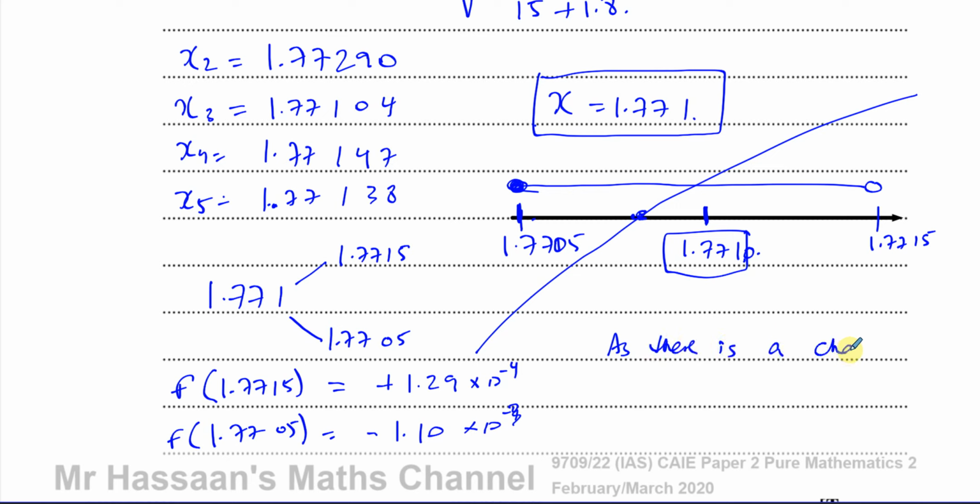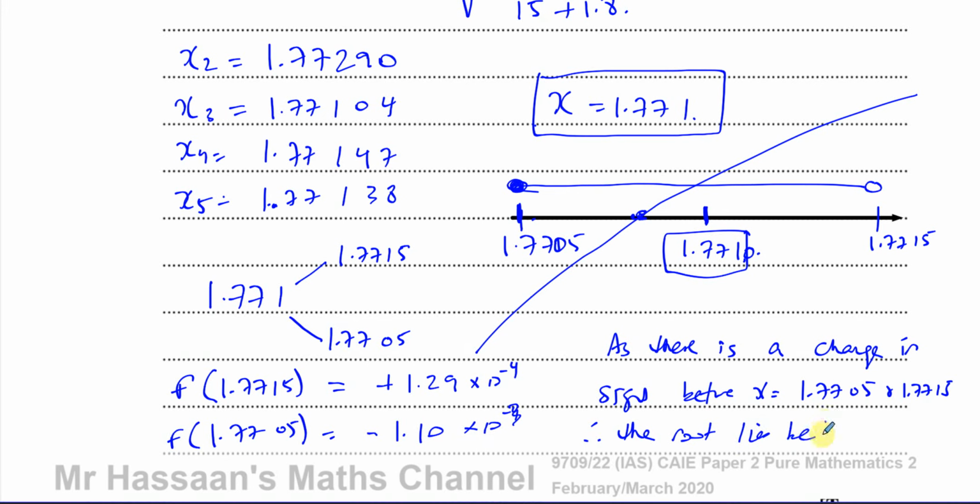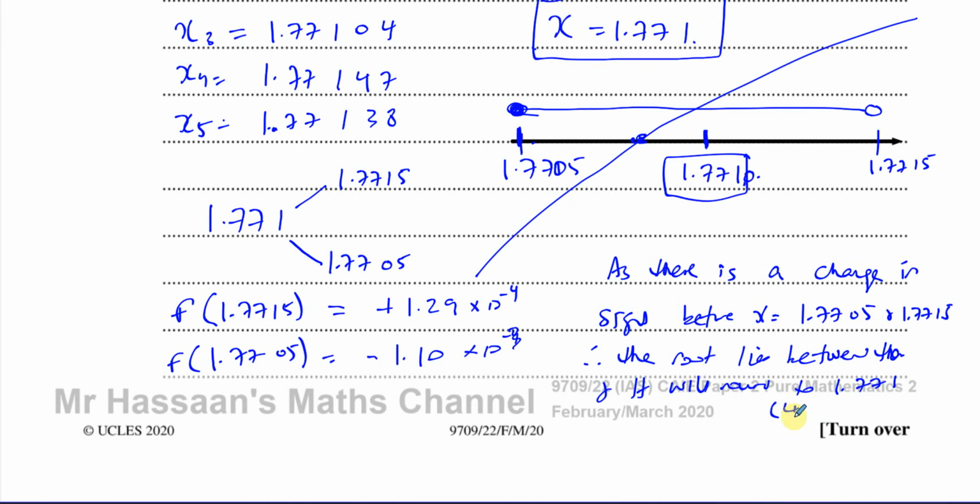Okay, so we can see there that as there is a change in sign between x equals 1.7705 and 1.7715, therefore the root lies somewhere between them, and it will round to 1.771 for 4 significant figures.